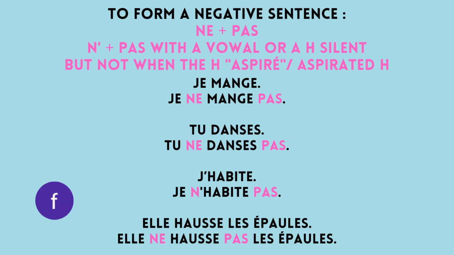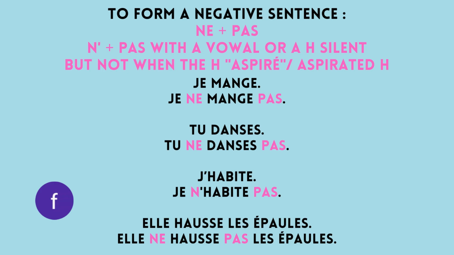With an aspirated H, there isn't any liaison or elision. Basically, liaison and elision is when you have two letters coming in one sound, and with an aspirated H, there is none.